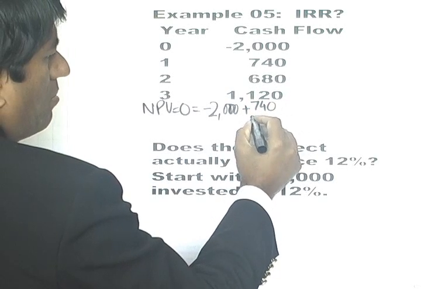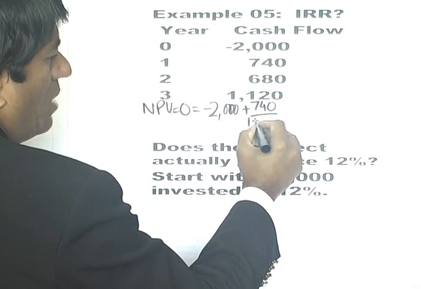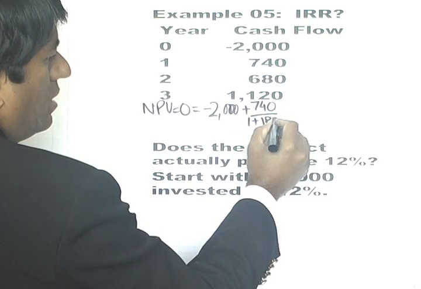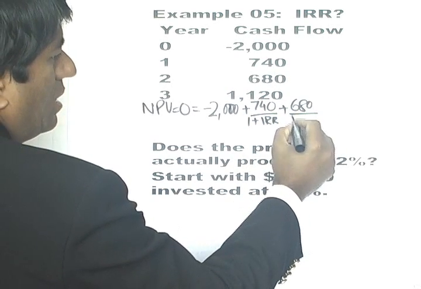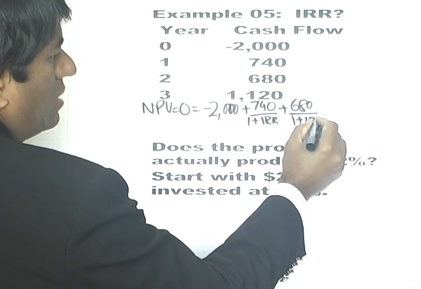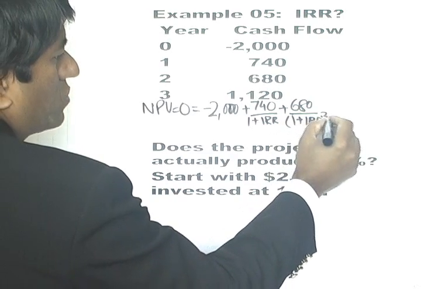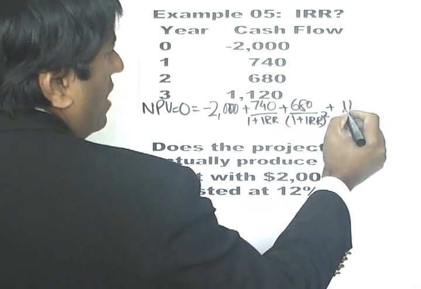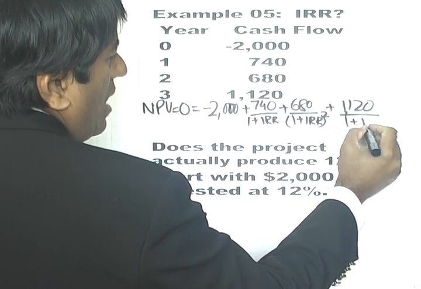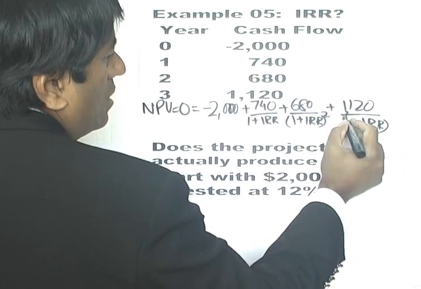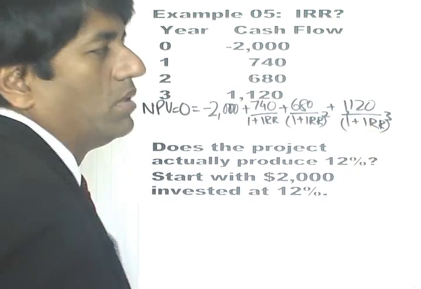740 by (1 plus IRR), plus 680 by (1 plus IRR) square, plus 1120 by (1 plus IRR) cube.